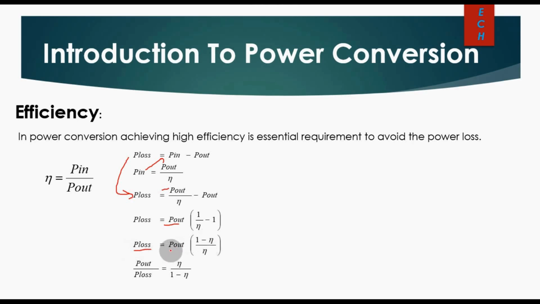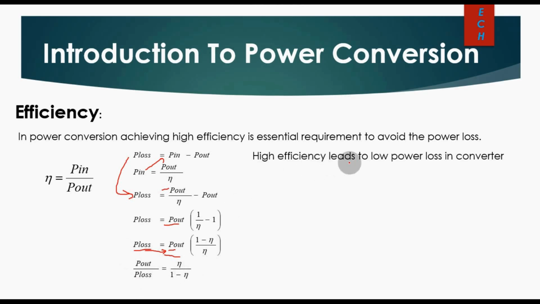If you want to find P out divided by P loss, P out divided by P loss equals efficiency zeta divided by 1 minus zeta. So in the power system, P out divided by P loss determines the performance of your device.